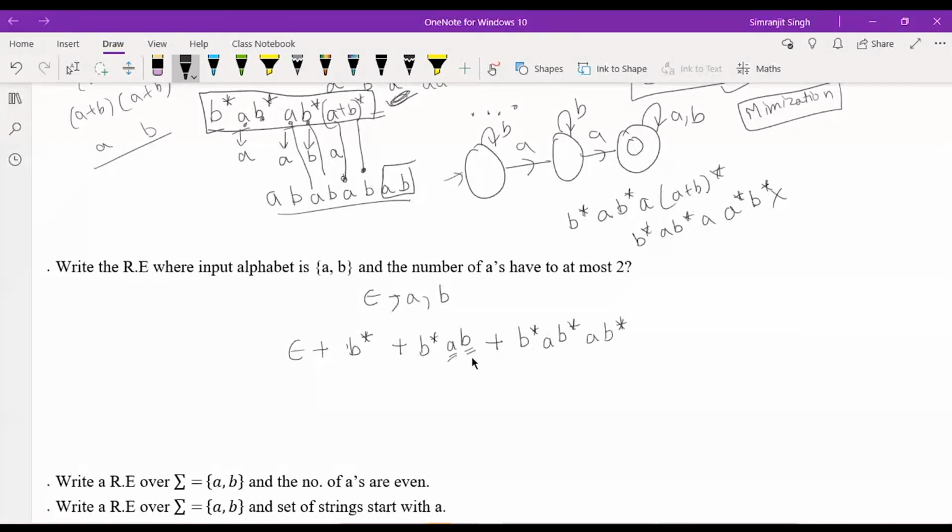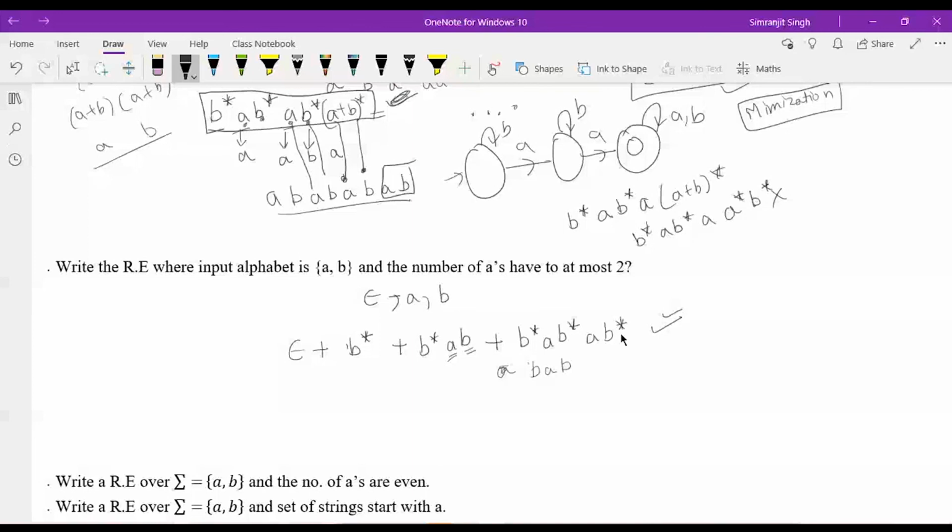ABABABA, AB, B. Yeah, that is absolutely correct. I am not able to find any string that is not in the language. So everybody should try it yourself, and if you are able to find any string, tell me.